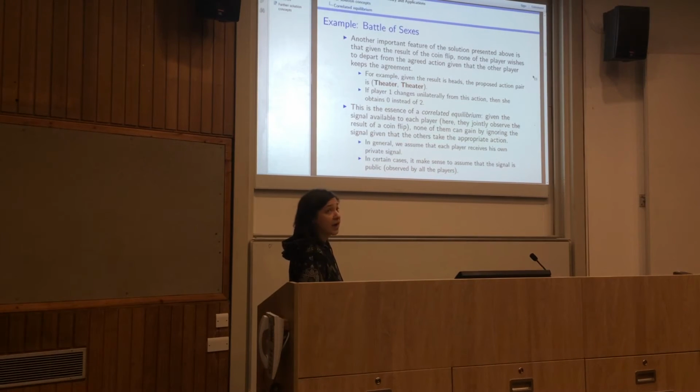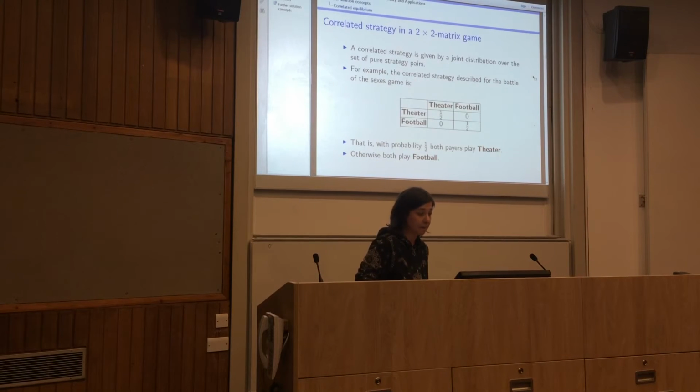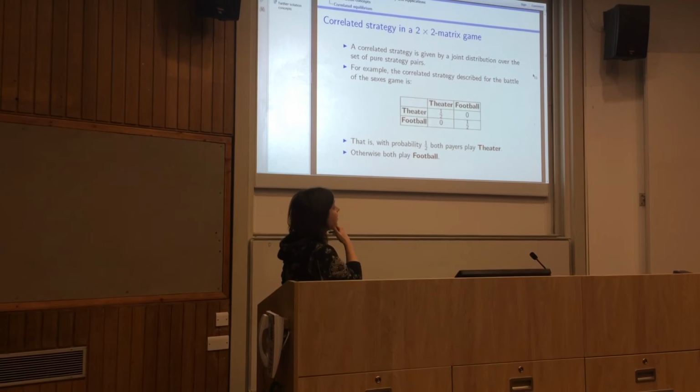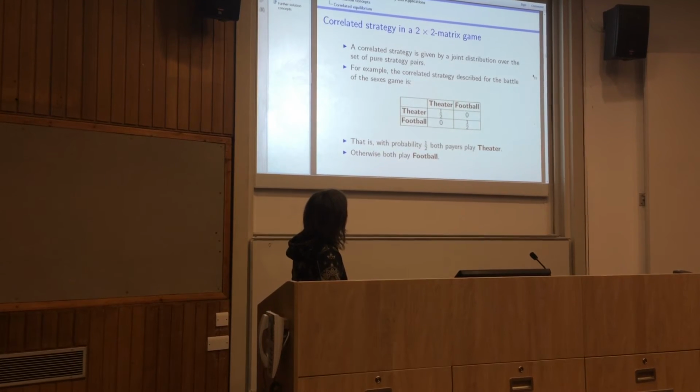Usually we would assume that these signals are private, given separately to each one of the agents. Sometimes it may be just common knowledge given to all of the agents and publicly known. So, correlated strategies, once again, is a joint distribution over all the strategy profiles. In the 2-player games, it's just pairs.